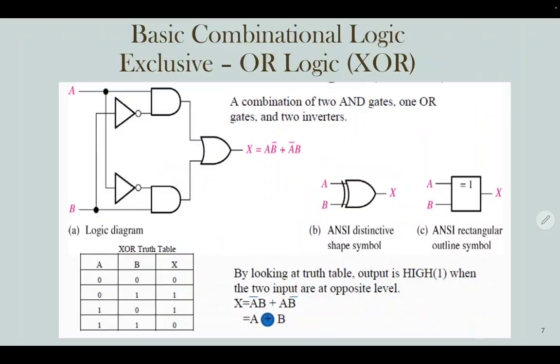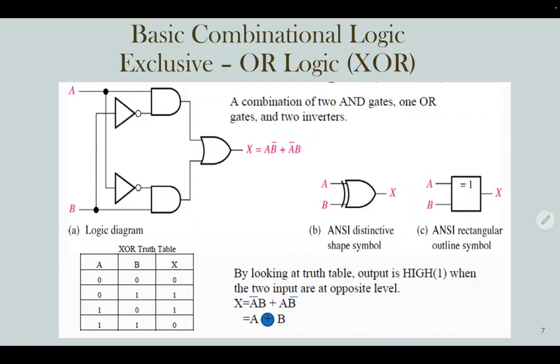Okay, so this is another example for basic combinational logic using the exclusive OR logic gate, known as XOR. XOR means exclusive OR. So you can represent it by a simple logic circuit like this.